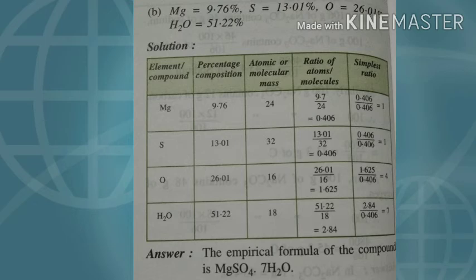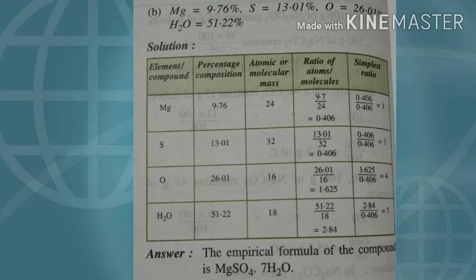First we got 0.406. Second also 0.406. Third one 1.625, and for water molecule it is 2.84. So which is the smallest number? Yes, 0.406. You can circle it so that you will not be confused.